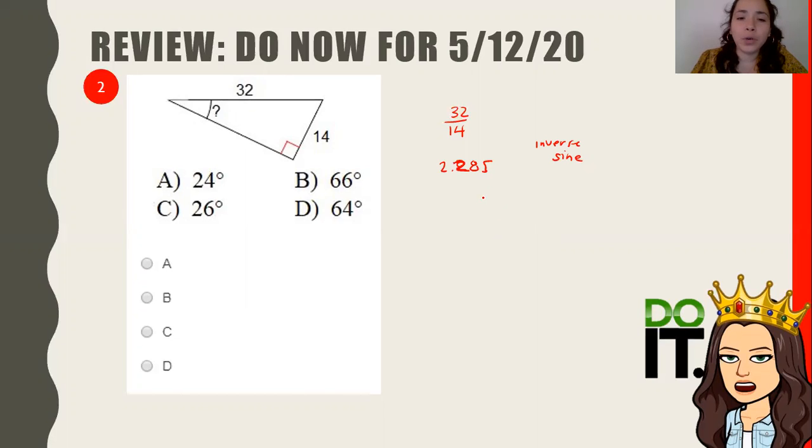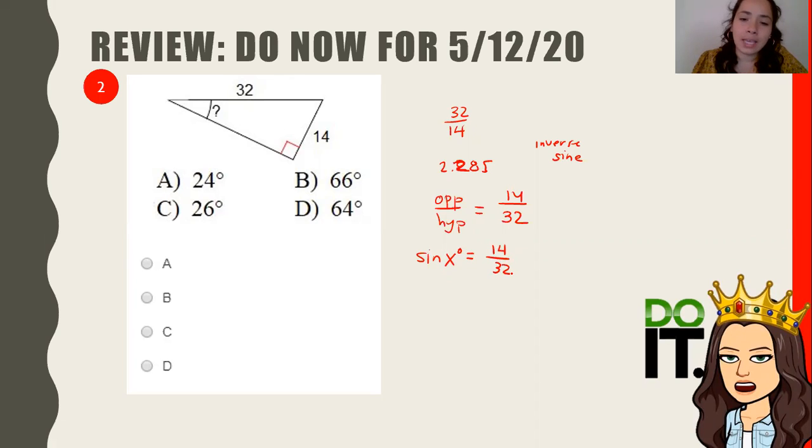Okay, so even before you go into that piece, can you explain to me how you got this? Like, how did you choose 32/14, and in that order? Let me go back to the video. First, you have to see the sides. It's going to be opposite over hypotenuse, so it's really 14/32. Okay, good. So it's actually 14/32. Meaning, because they gave you opposite and hypotenuse, that's how you got the idea of using sine, right?